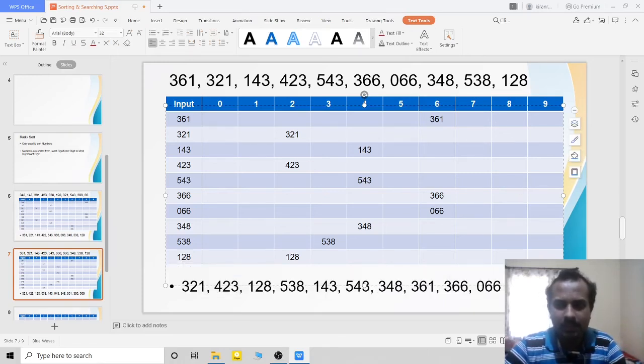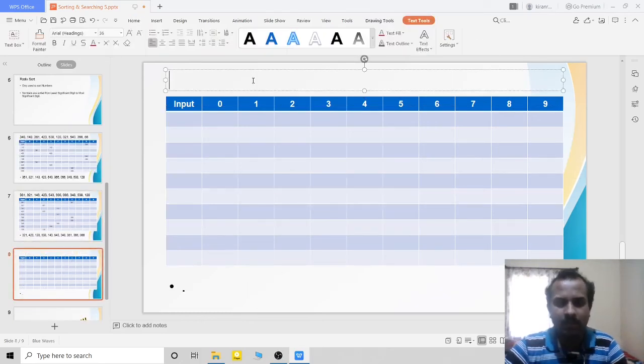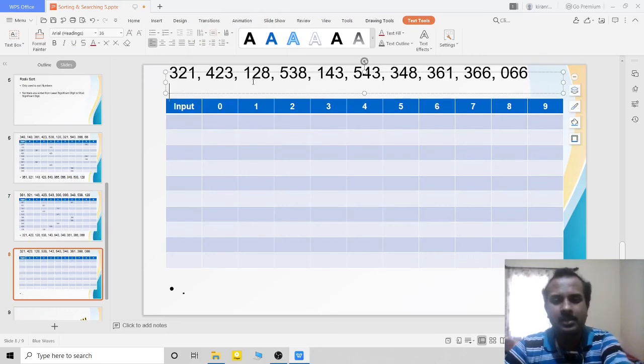Check whether anything is present in 7, 8 or 9. Nothing is present, right? So I'll move to the next one. So these are my elements now.